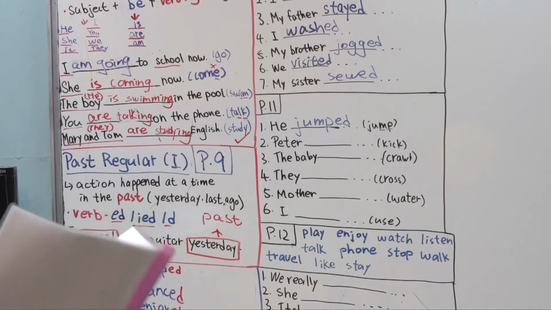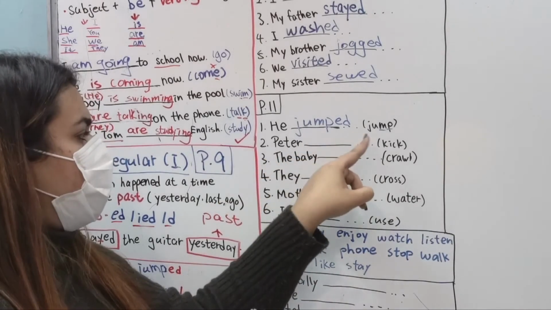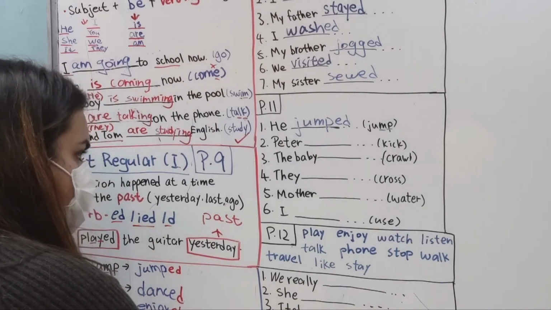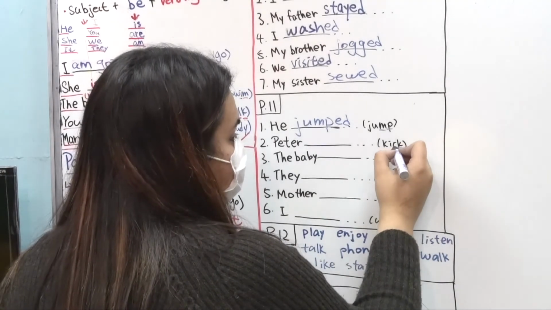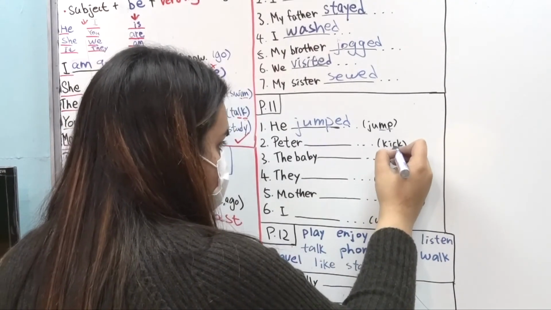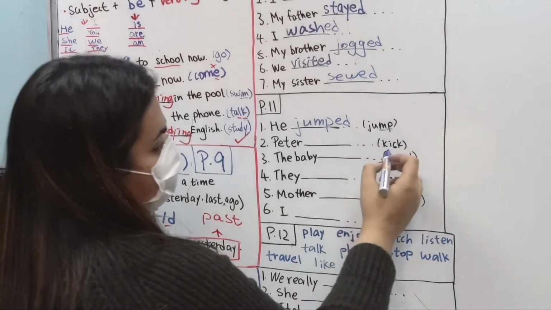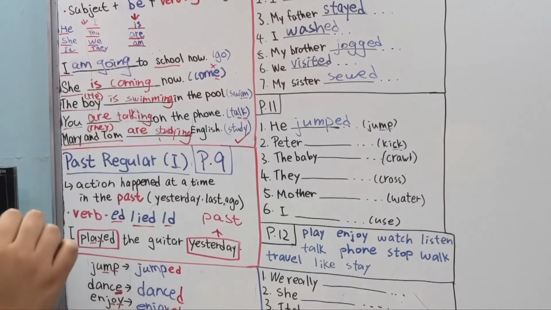Number 2. Let's read. Peter what the ball? The action verb is kick, right? K-I-C-K. Kick. So let's look at the last 2 letters. C and K. Anything special?